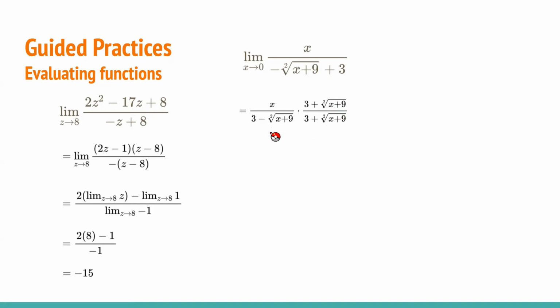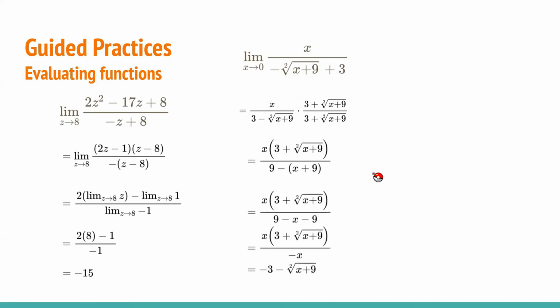So if we radicalize the expression, we will get x times 3 plus the square root of x plus 9 over 9 minus x plus 9. Now, we can distribute the negative sign to positive x plus 9, which will become negative x and negative 9.